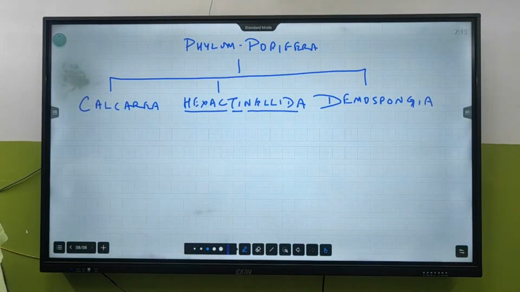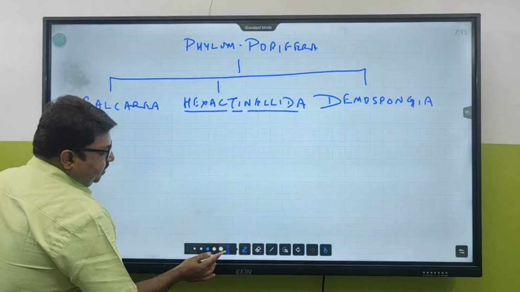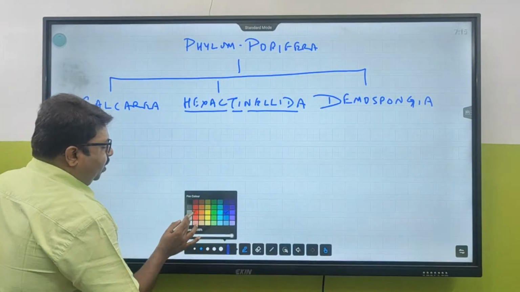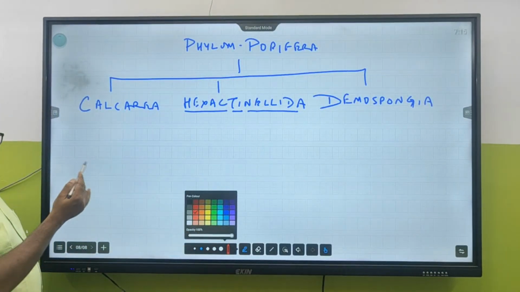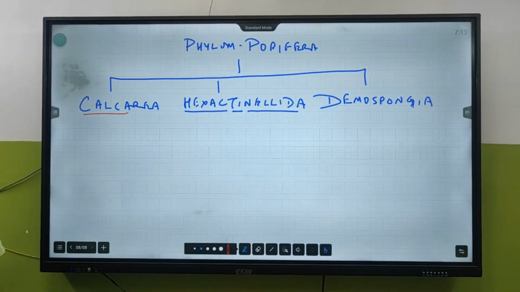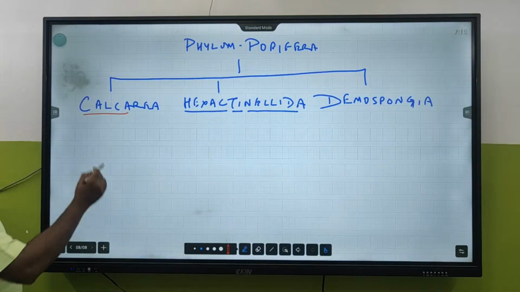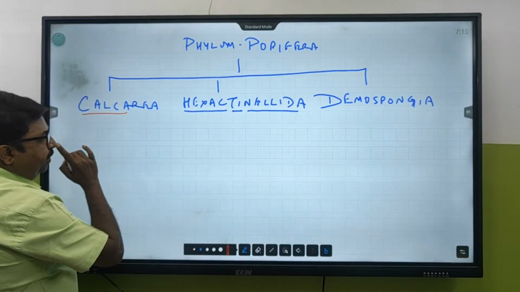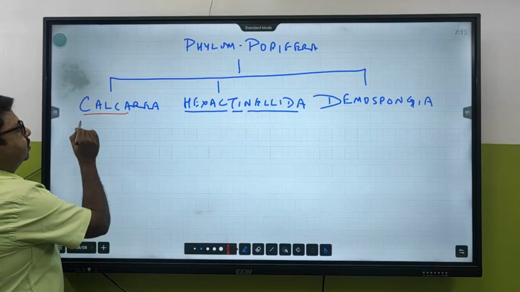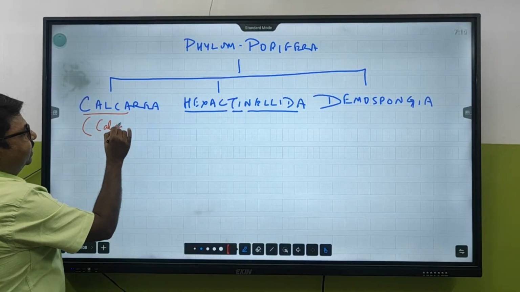Demospongia. So tell me, Arijit, if you talk about Calcarea, what can you get from the name itself? They have more calcium depositions on their body. So calcium deposition is there.